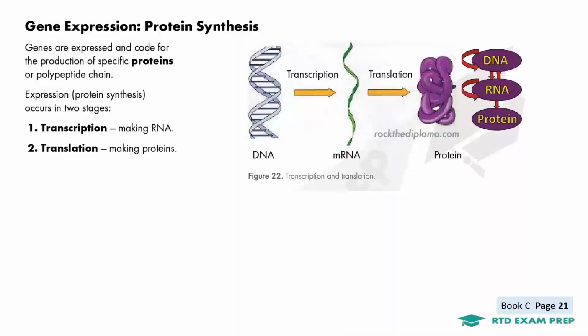So our goal, as we talk about gene expression, which ultimately is protein synthesis, is that we're going to go slow. We're going to really make sure that we understand both the process of transcription and translation. We can see here DNA, remember everything here is occurring within the nucleus. Transcription is going to involve DNA and mRNA.